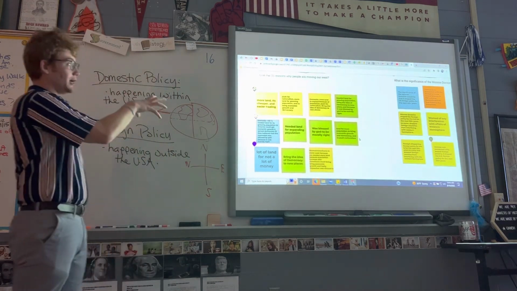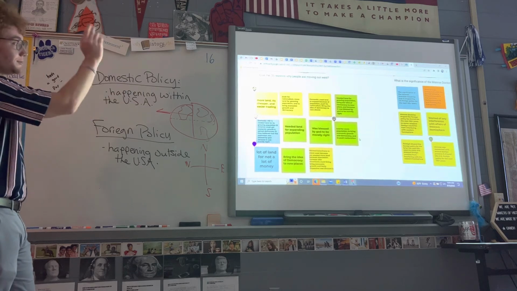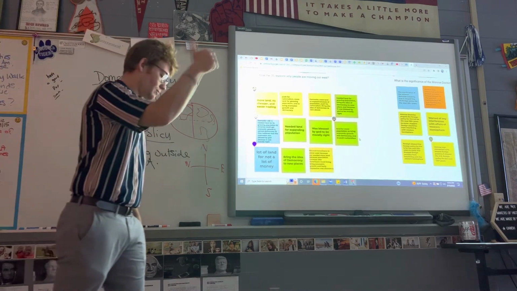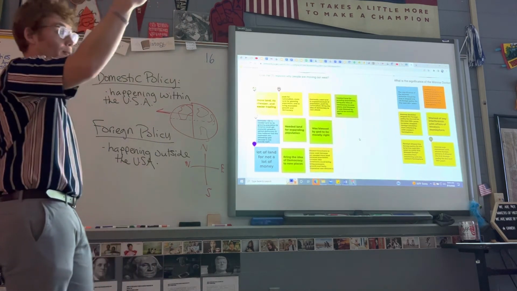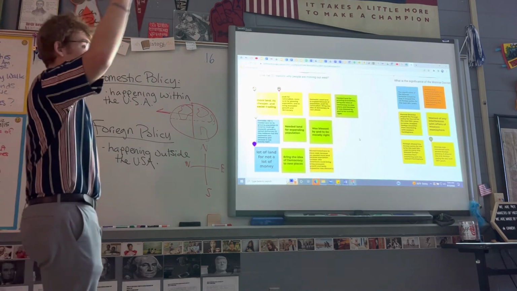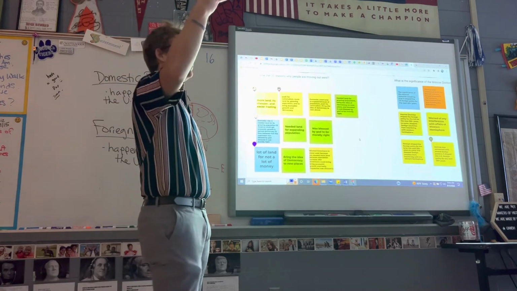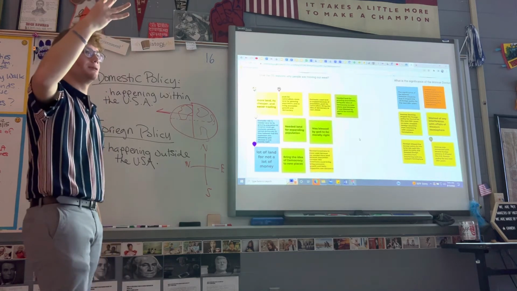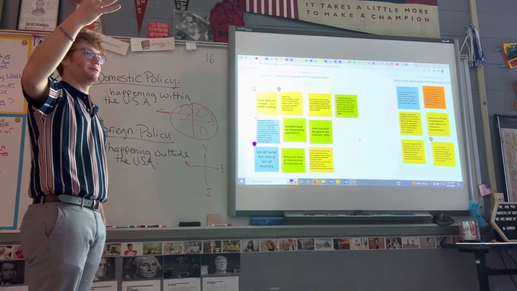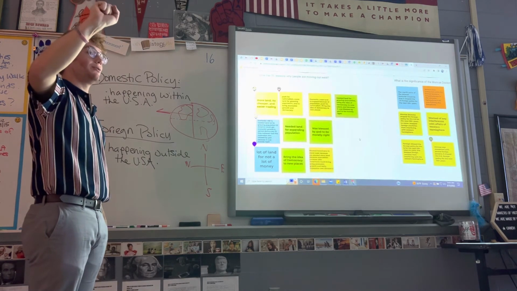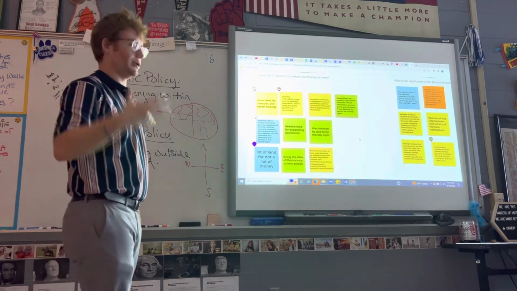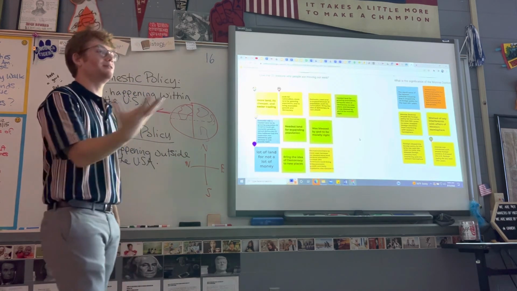Whenever we look domestically at Manifest Destiny, we're moving out west simply because we got more land, it's cheaper, it's our God-given right, and we don't care who's in our way, we're going to do it anyways because we have this strong sense of, what was that word we used? Nationalism, right? We're Americans now. Remember, early on, we didn't see ourselves as Americans.